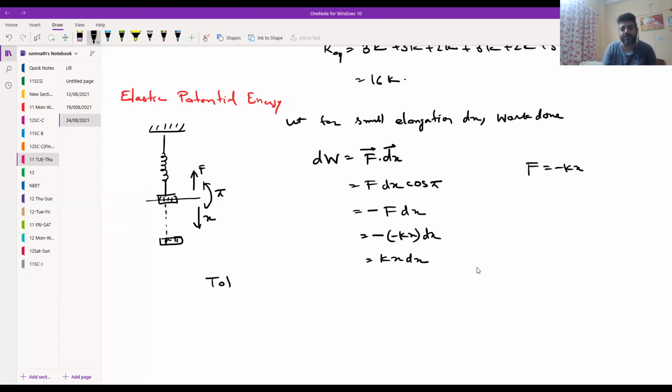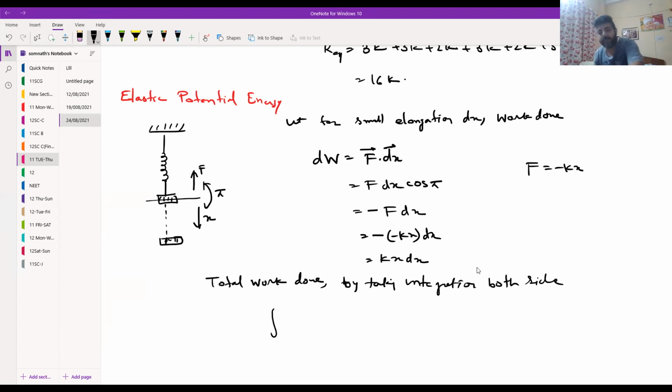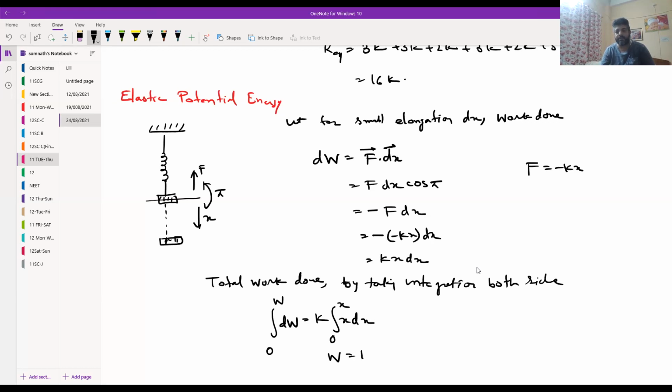Total work done, by taking integration both sides, dW equals k x dx, 0 to W, 0 to x, that is W equals k x square by 2, 0 to x, that is k x square minus 0 by 2.